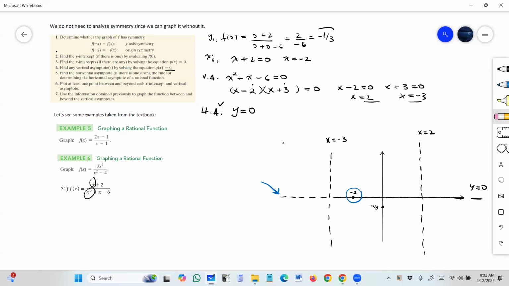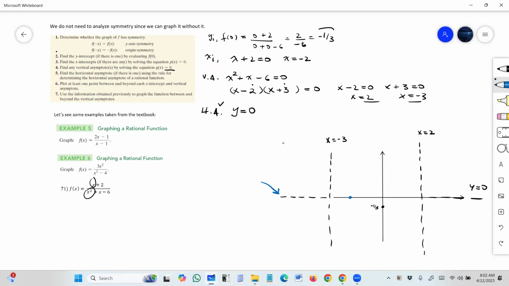It means that the horizontal asymptote is only here and here. It cannot be where the roots are. So there is no horizontal asymptote in the middle. Okay? And if you want, you can pick a couple of points and you will see.